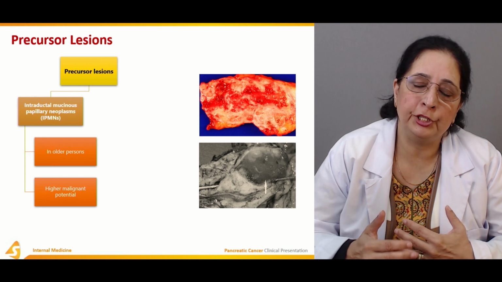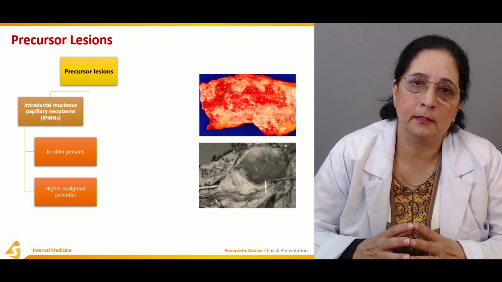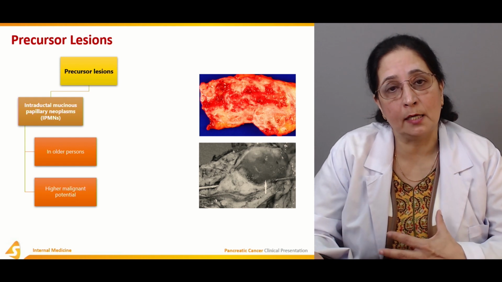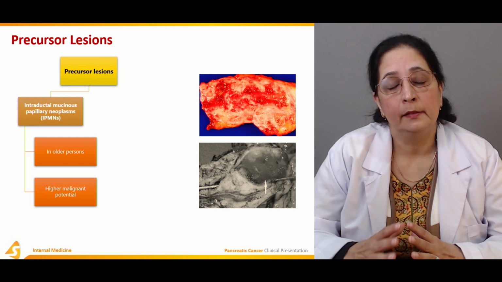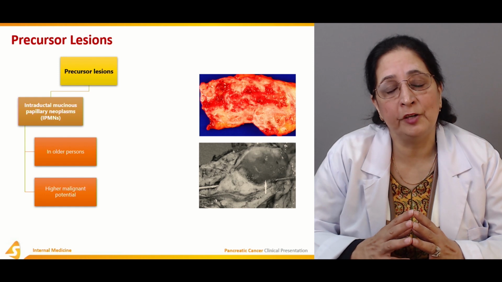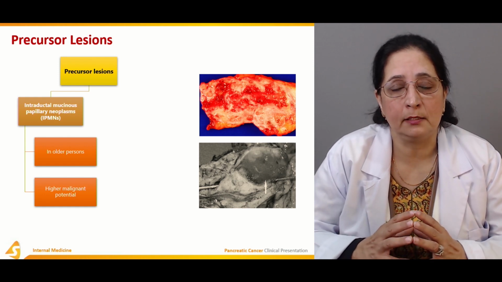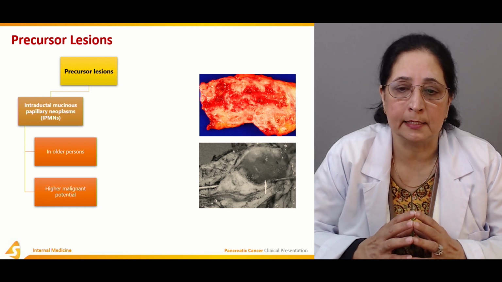A lot of patients, when the pancreatic carcinoma is diagnosed, it has already metastasized or spread, reaching the point of usually no return. So it's a very fast spreading type of cancer.